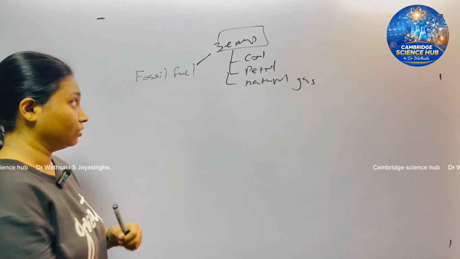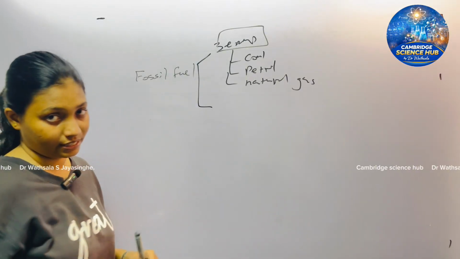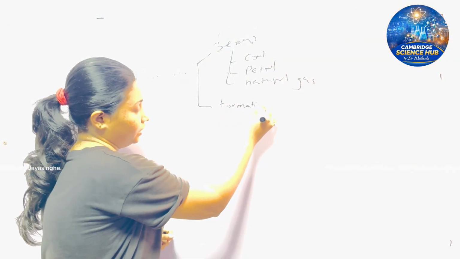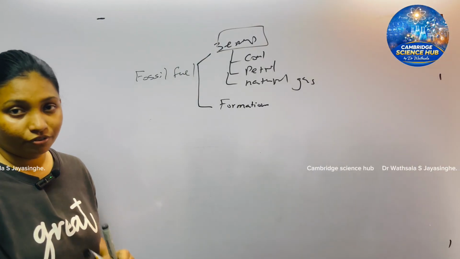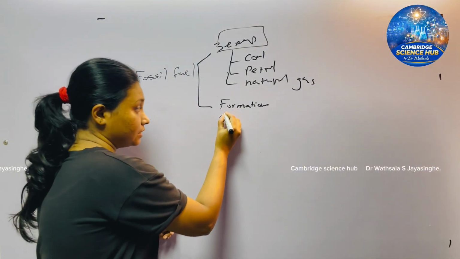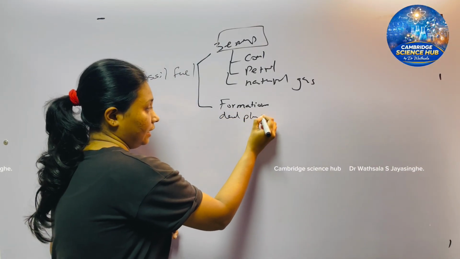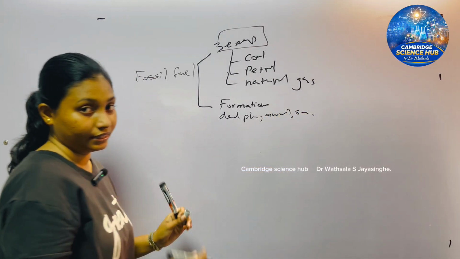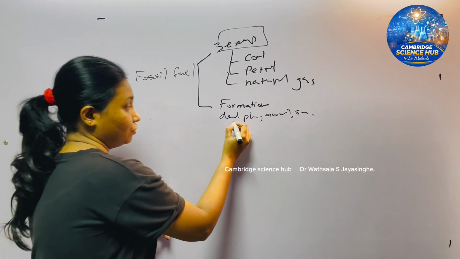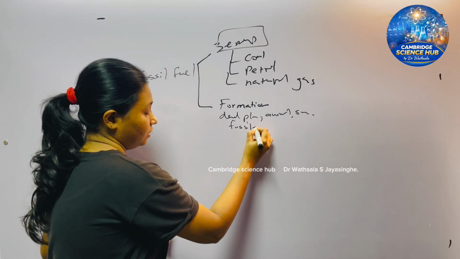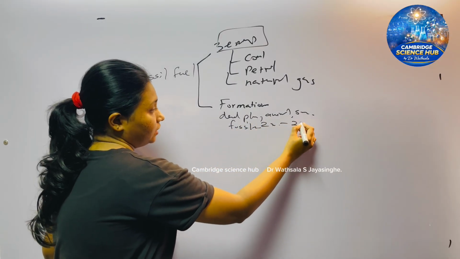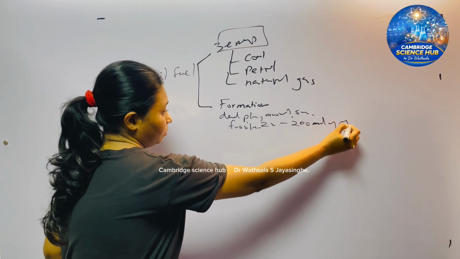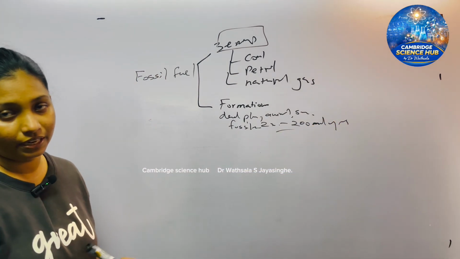We have also discussed how they are formed. These fossil fuels are formed from dead plants and dead animals and some bacteria, and they went through a process of fossilization. This has happened more than 200 million years ago.